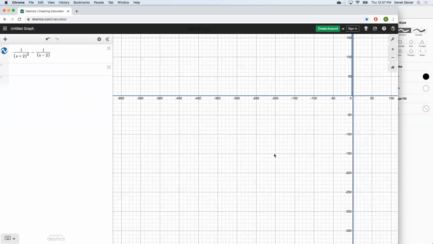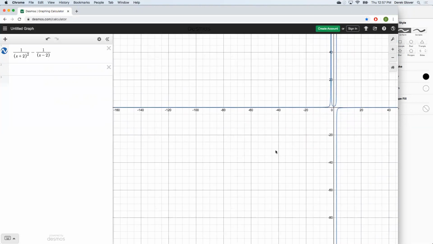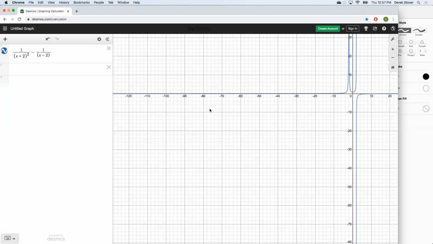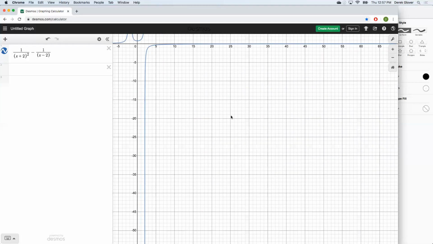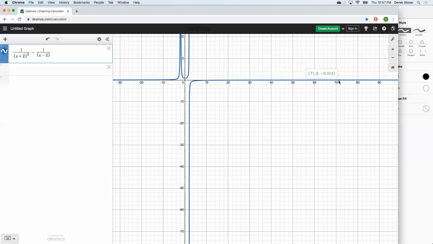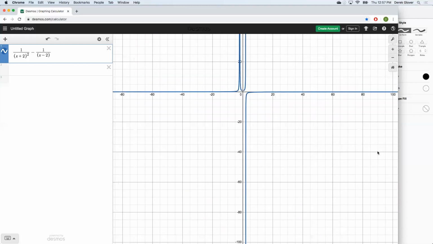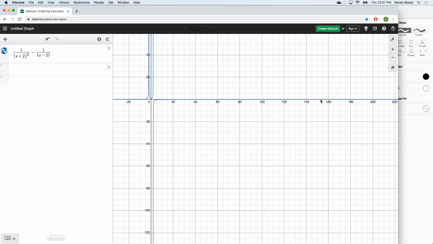So then the question becomes, are there any y restrictions? Is there anything we can't make with this function? If we trace this, it gets increasingly close to 0, but never actually equals 0. On our other side of our function, it gets increasingly close to 0. But again, I don't know if it is actually going to equal 0. It doesn't appear to cross the x-axis at any point. Oh, and I might be wrong.